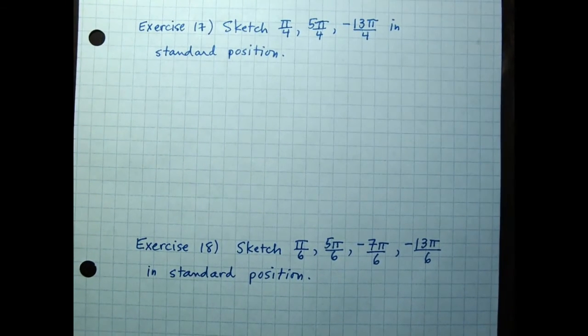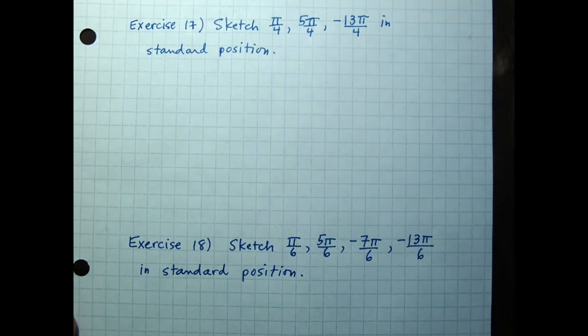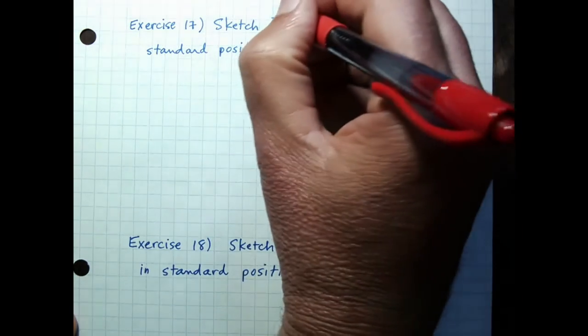So we're going to do some more of these radian measures, and in exercise 17 we want to sketch pi over 4, 5 pi over 4, negative 13 pi over 4 in standard position. Now all of these angles are related to pi over 4. They're multiples of pi over 4.